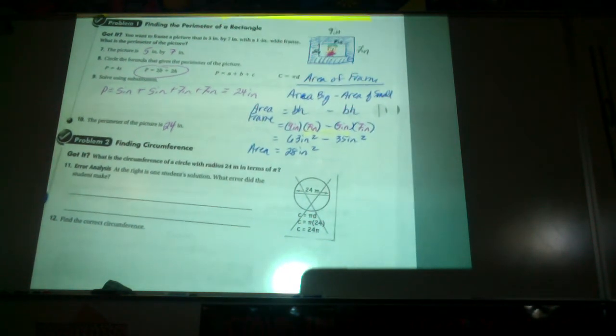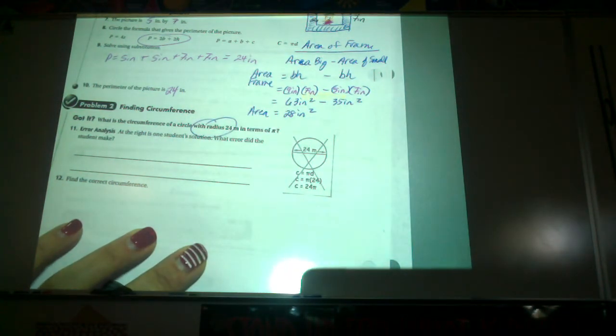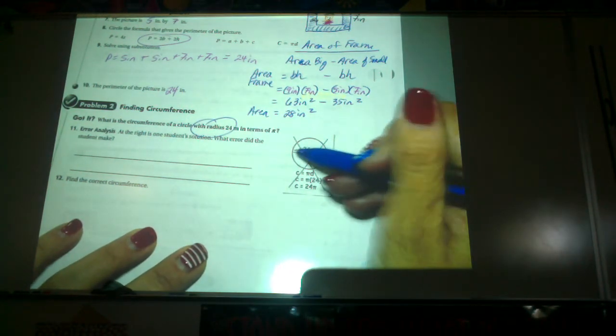So circumference. On this particular problem, we had a radius of 24. So the radius 24. What's wrong with the picture? Radius of 24. What's wrong with the picture? That's right.